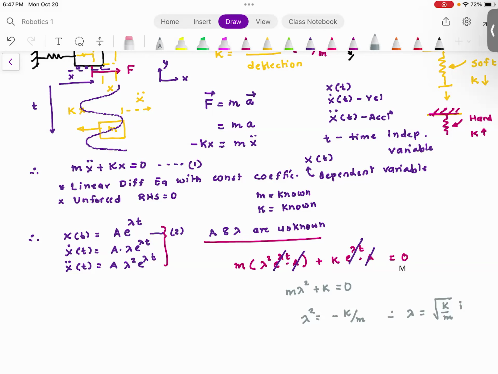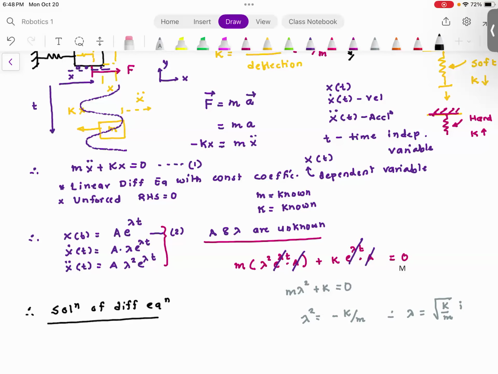I substituted this in that equation and found out that equation 1 can be satisfied only when lambda is equal to square root of k over m times i, which means I have found the solution of the differential equation.